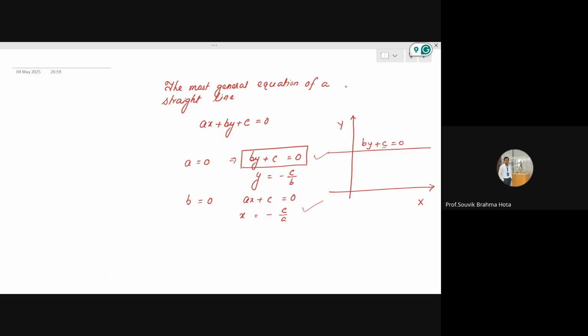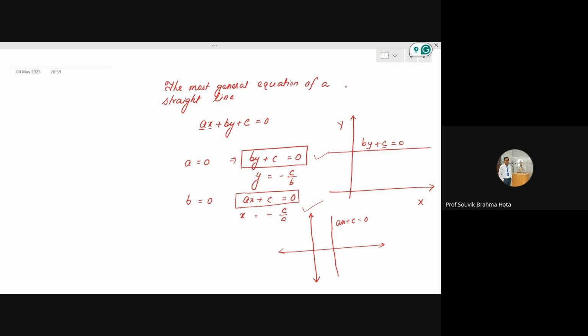Now similarly, in this condition, ax plus c will be just the opposite of this. It will be a line which will be parallel to the y-axis. How do you remember this concept? See, a is the coefficient of x.